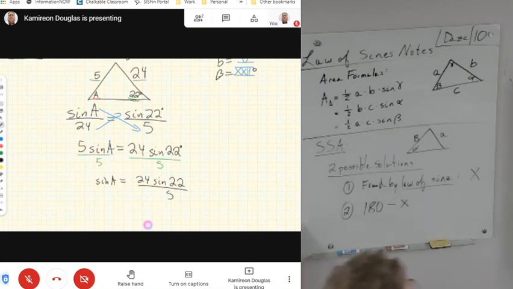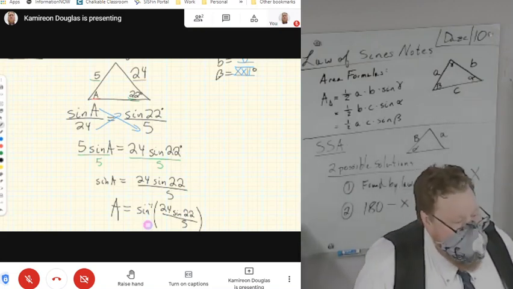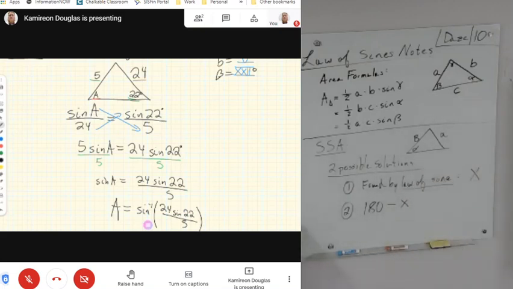That means that capital A will be equal to sine inverse of this fraction, 24 sine of 22 over 5. As we're typing this in, I want to point out something that it says specifically in the instructions.